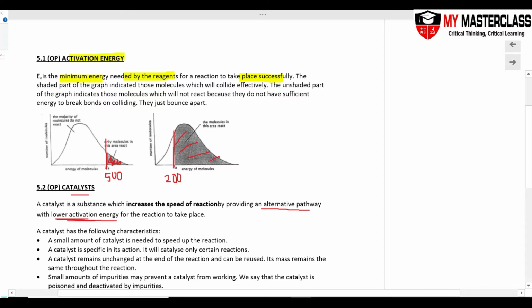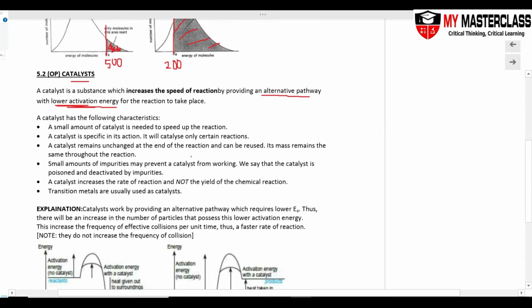Right, so with more reactants with energy higher than EA, there will be more effective collisions, and this will increase the speed of reaction. Okay, so let's look at the explanation. A catalyst works by providing an alternative pathway with lower EA. So there is an increase in the number of particles that possess this lower activation energy.